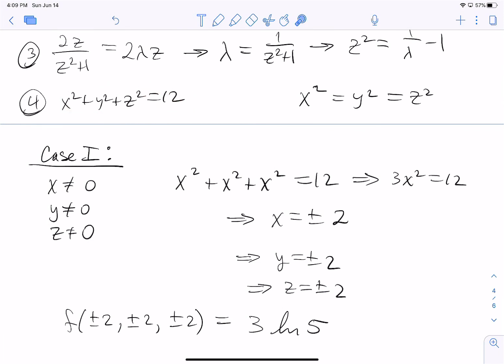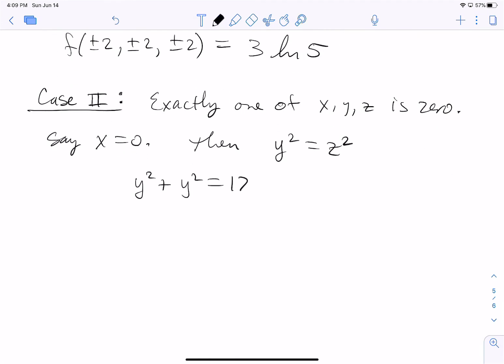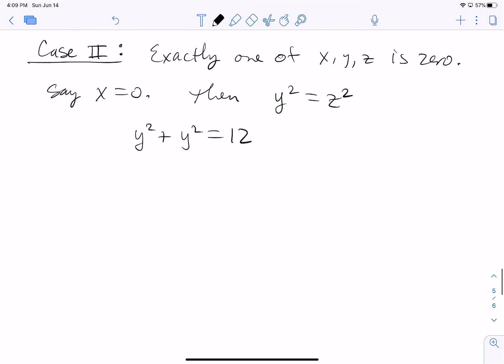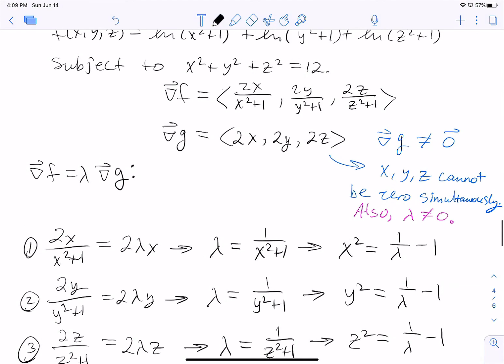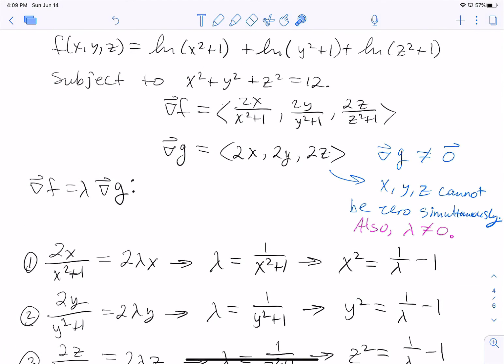I'll fix that. And here we're saying that x squared is 0 and that z squared is y squared. So there it is. Y squared plus y squared equals 12, which means that y squared is equal to 6, which means that z squared is equal to 6. And then f of 0 plus or minus square root of 6 plus or minus square root of 6 is going to equal 2 times the natural log of 7, again referring back to the fact that the argument is x squared plus 1.